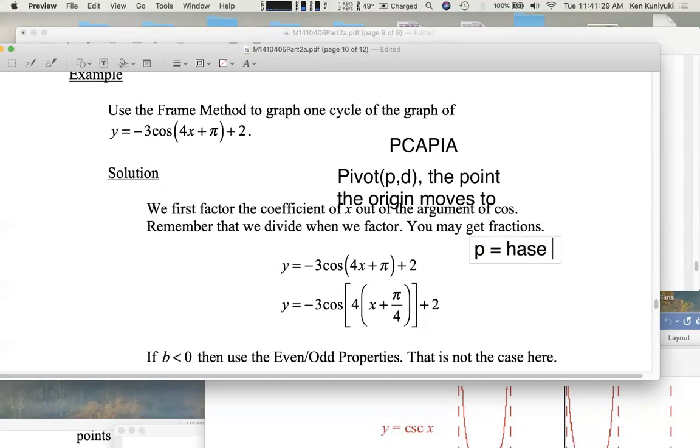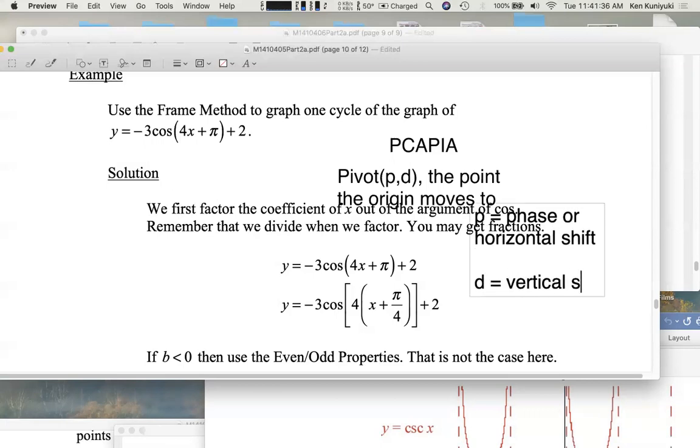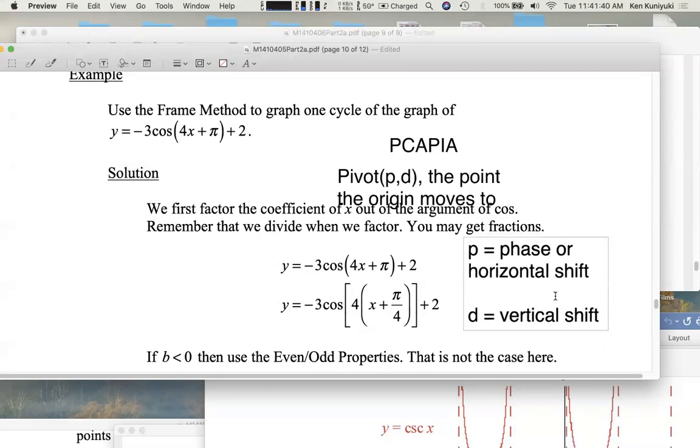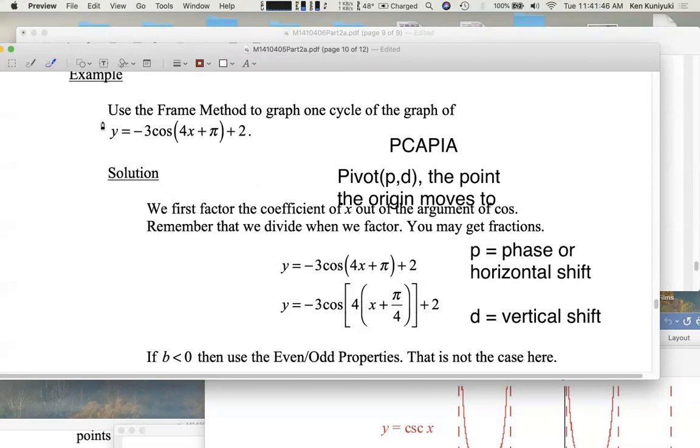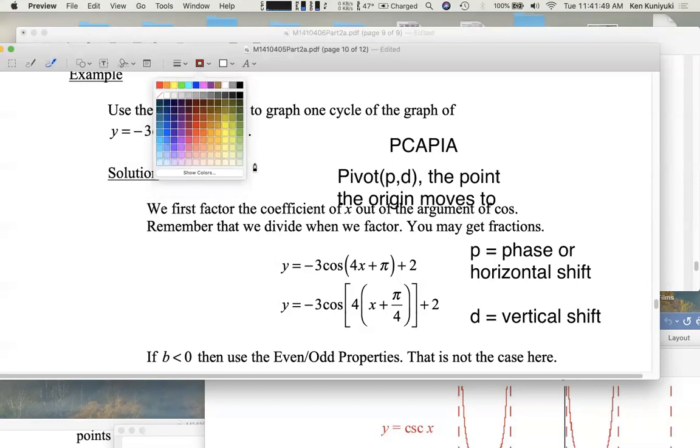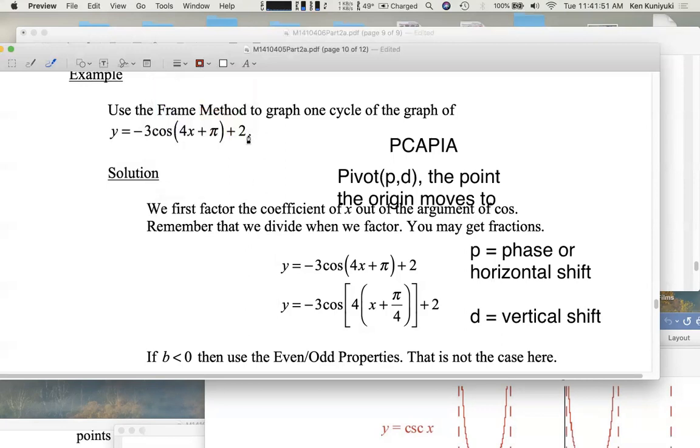P is the phase or horizontal shift. D is the vertical shift. Okay. Now D is very straightforward. We can just grab this constant term over here. That's D. That's the vertical shift. So D is 2.